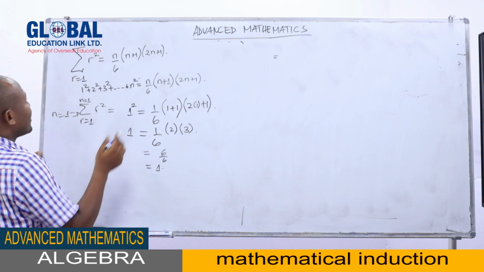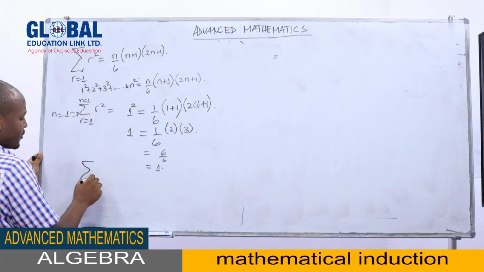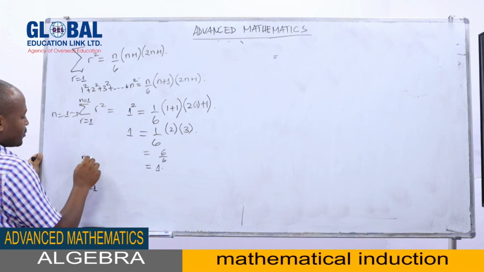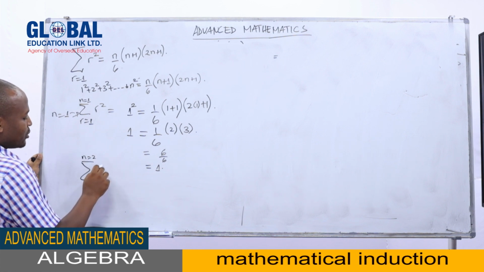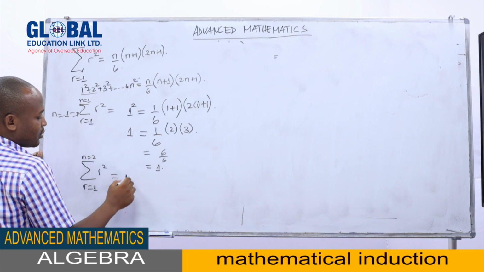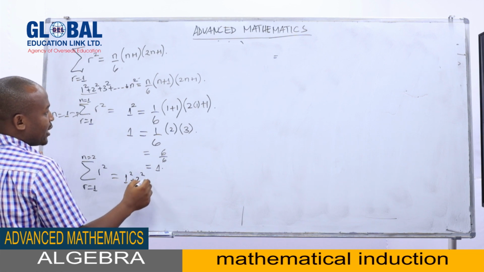Can we also, for fun, try when n is equal to 2. That means we are up to that point. So it is 1 square plus 2 square equals to what?